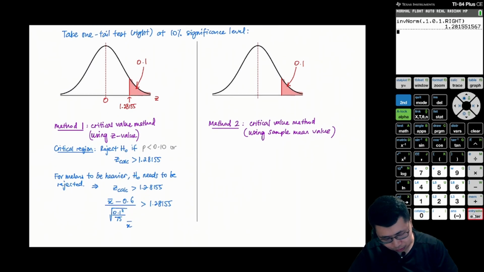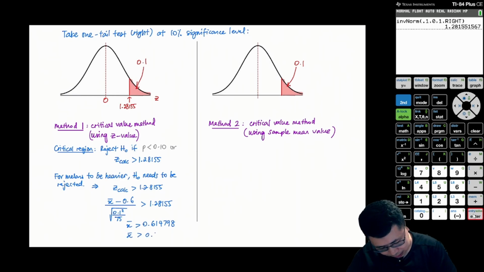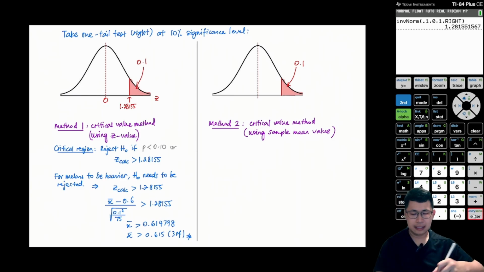Then our x over here will be greater than 0.614798, and then round up to 3 significant figures. So x should be greater than 0.615. So this over here would be our final answer for the whole reverse process.